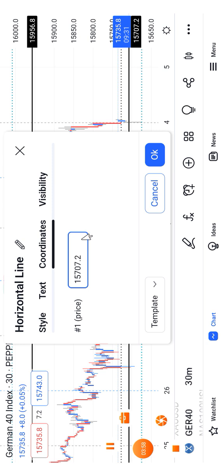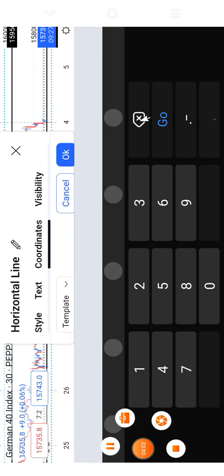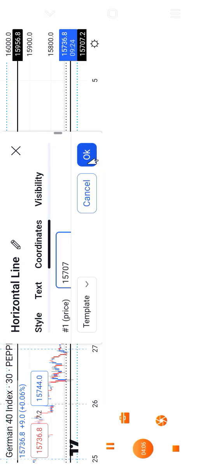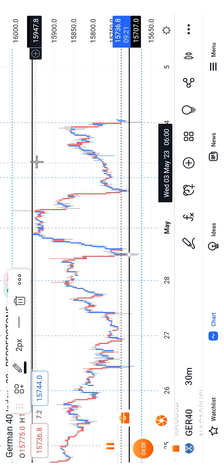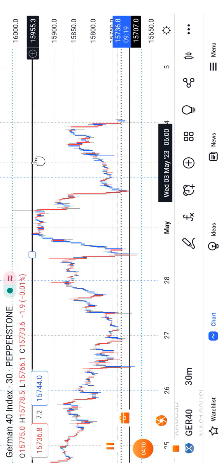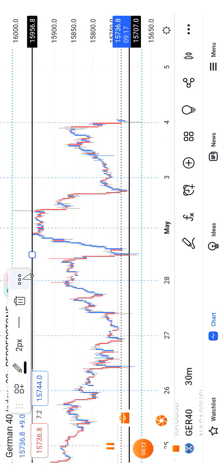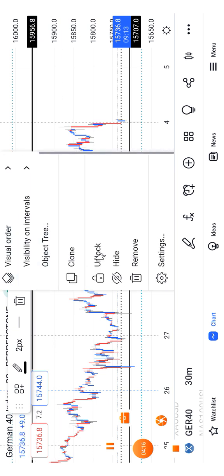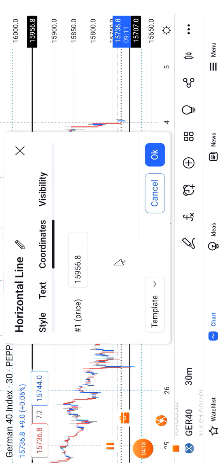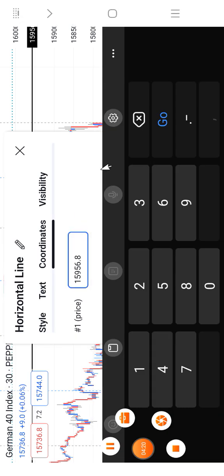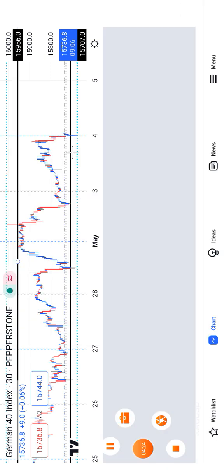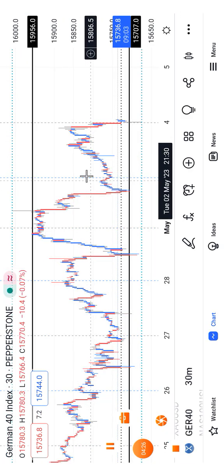I don't want anything after the comma, so I'm going to delete the comma, right? And then I'm going to do the same thing. The reason I'm deleting the commas is because I want my calculation to be exact. You understand what I mean, guys? It's all about calculations out here, guys. You need to practice the strategy to be good with it, and you'll understand exactly what is happening.